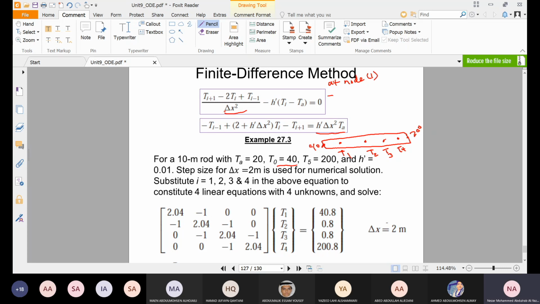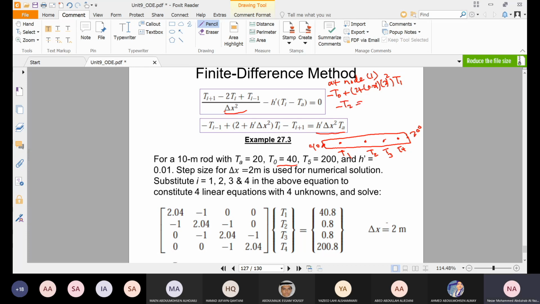So here I have minus T0 plus 2 plus h, and h is equal to 0.01 multiplied by delta x, which is 2, square, all multiplied by Ti, and i equals 1, so this is T1, minus Ti plus 1, so this is T2.